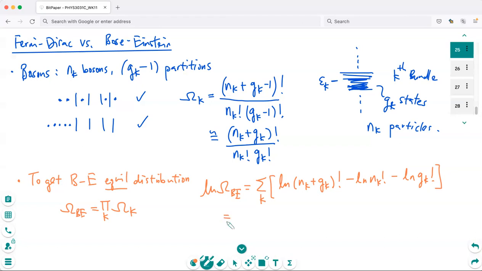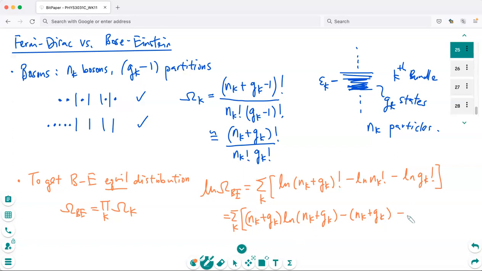Now I do the Stirling approximation. So I will have a sum over k. I cannot do anything with that. Then I have (n_k plus g_k) log (n_k plus g_k), and minus (n_k plus g_k). Then I do the Stirling for the other term.